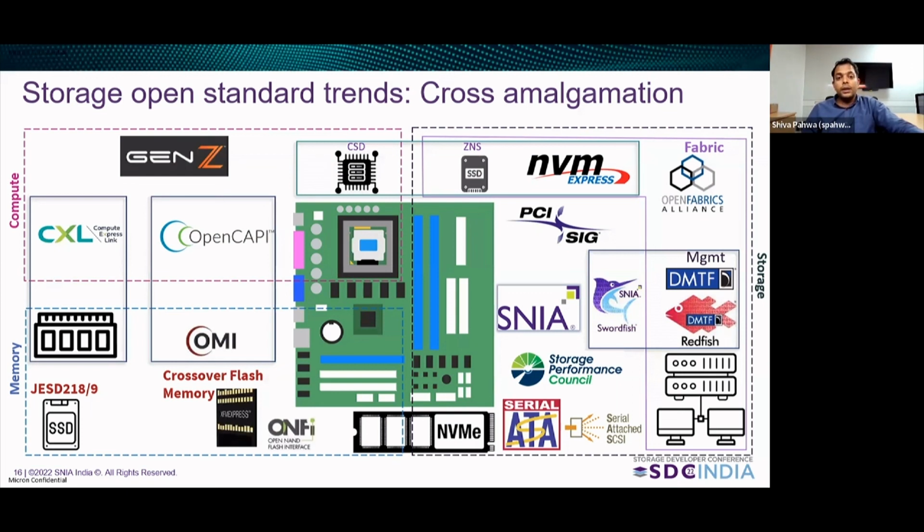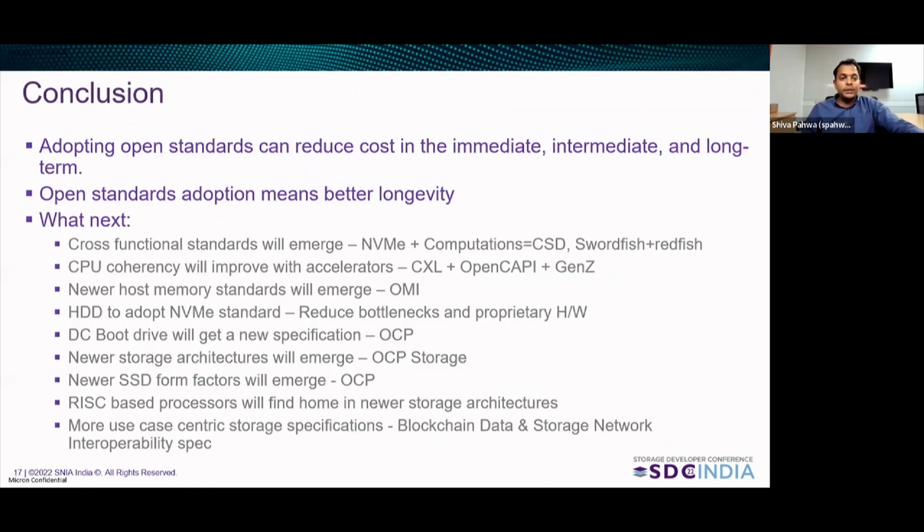Right? So we see that there is a lot of cross amalgamation happening, and we are very excited to see what would happen next. So with that, I would like to say that adopting open standards can reduce cost in the immediate, intermediate, and long term. Open standard adoption means better longevity.